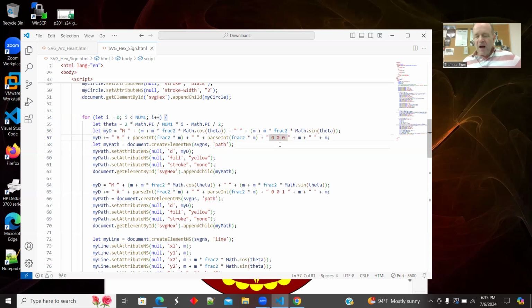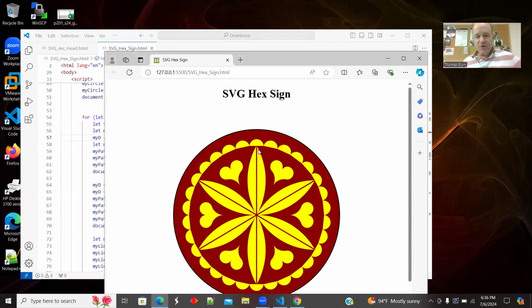This first parameter here is about rotating, but I have circular arcs, so the rotation doesn't matter. The other two parameters I typically have to experiment with to get right. And then I'm going to the center, M, M. So that's sort of making one of these up here.